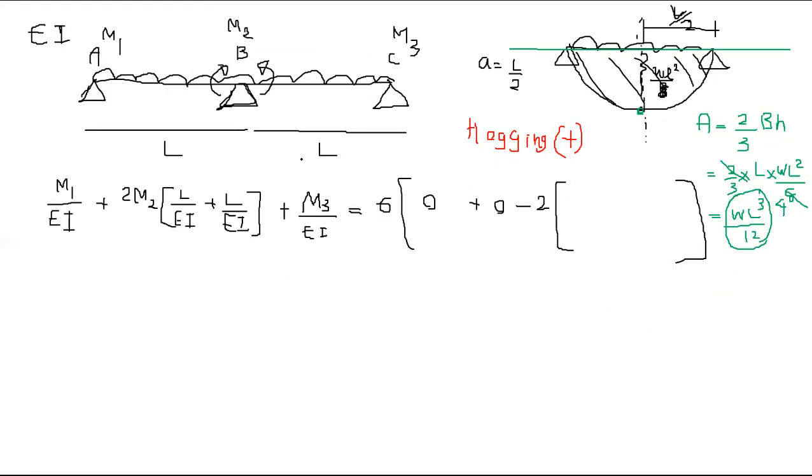A1 and A2 are the same, because of the same arrangement of each span: same length, same EI, and same distance to the centroid from one of the corners if it is simply supported. So my answer is WL cubed over 2L, and A is L by 2, EI L.